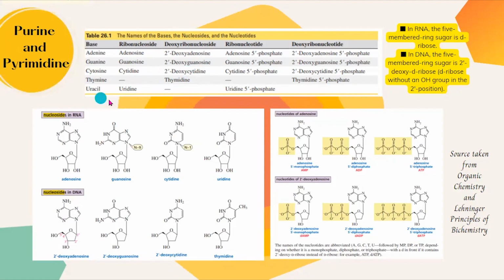Uracil is only found in RNA, so it is attached to ribose, but not to the deoxyribose present in the deoxyribonucleoside. Thymine is found only in DNA. That's why in DNA it is known as thymidine, but not in ribonucleosides, because it is only attached to 2-deoxyribose, which is only found in DNA, but not the ribose in RNA.